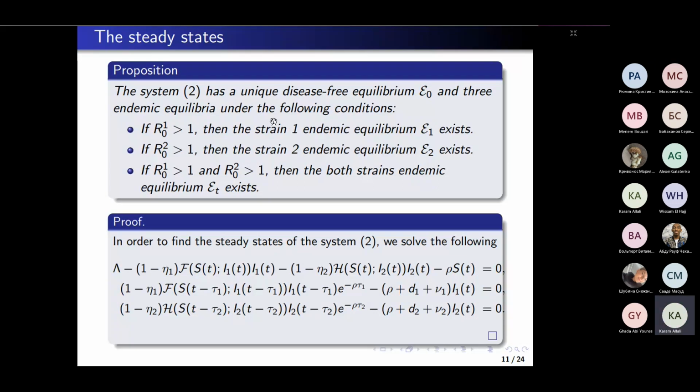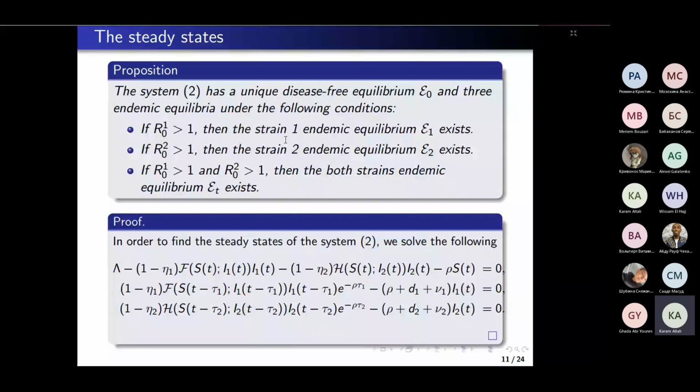So here the system 2 has a unique disease-free equilibrium E0 and 3 endemic equilibria under the following conditions. If R01 is greater than 1, then the strain 1 endemic equilibrium E1 exists.